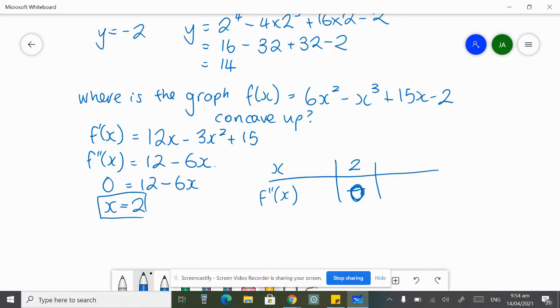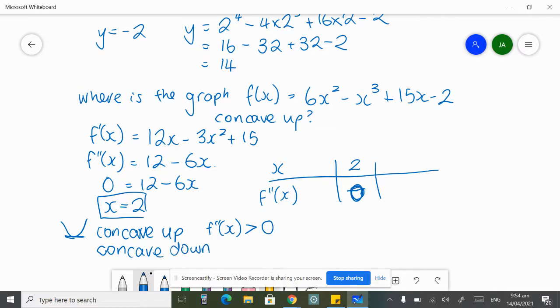Remember that it is concave up, like that, at any minimum point. So that's when f double dash of x is greater than 0. It is concave down at any maximum point and surrounding, and that's when f double dash of x is less than 0.